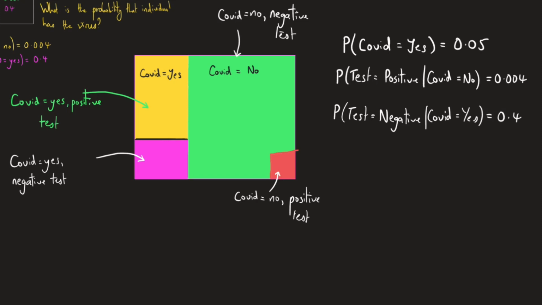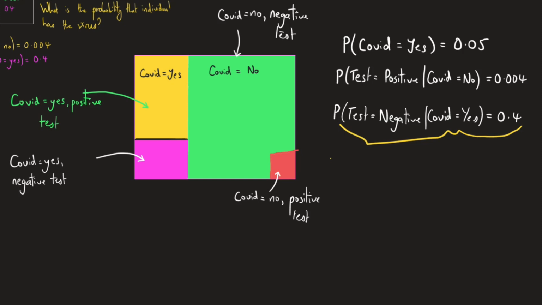Now, from this second conditional probability that we've got here, we can write down the probability of a positive test if an individual has COVID, because there are only two possibilities for the test, positive or negative.